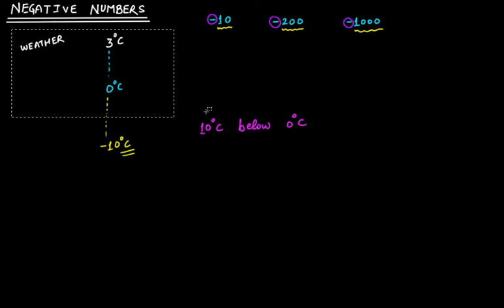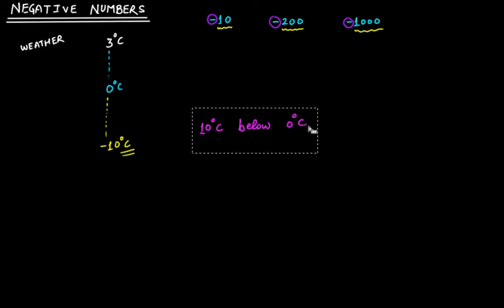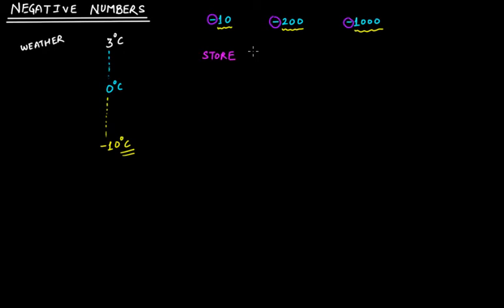Let's say that you go to a store, and in the store you purchase item A, item B, and item C. Now, item A costs rupees 300. Item B costs rupees 500.